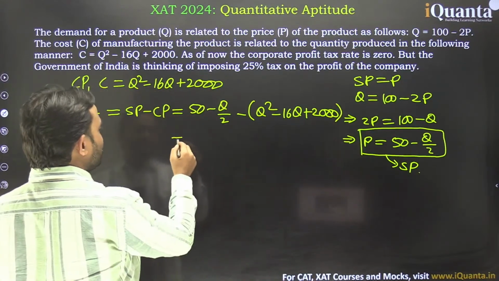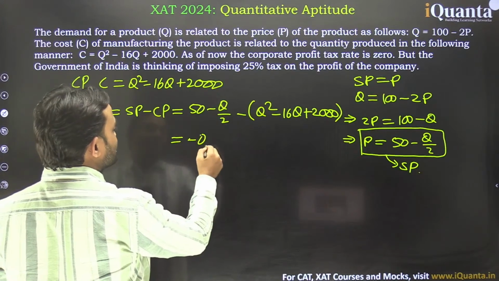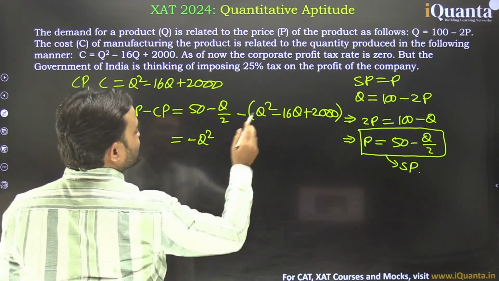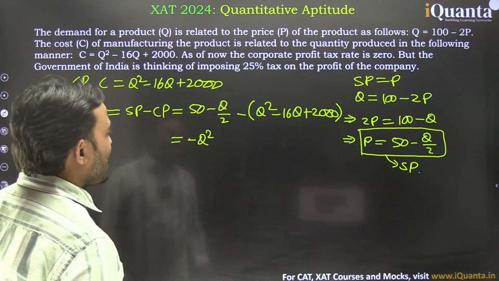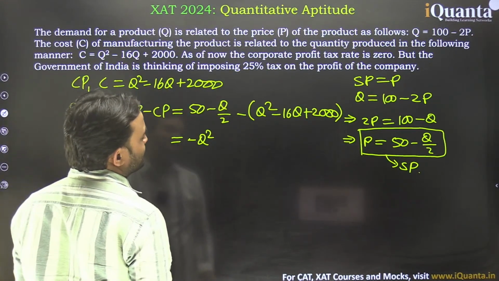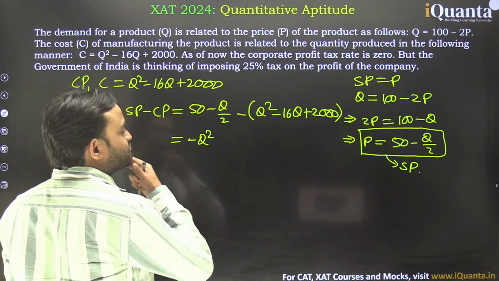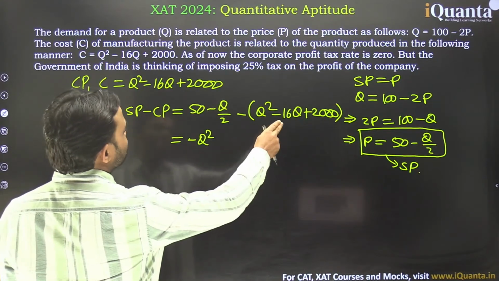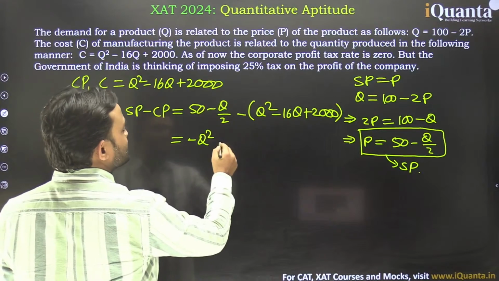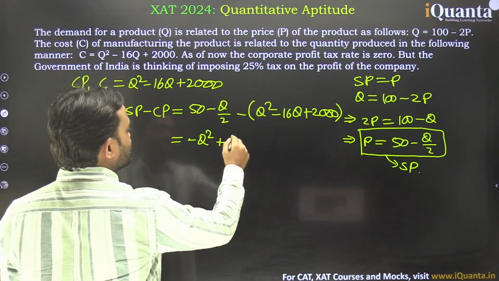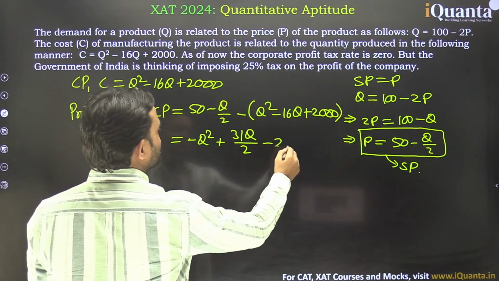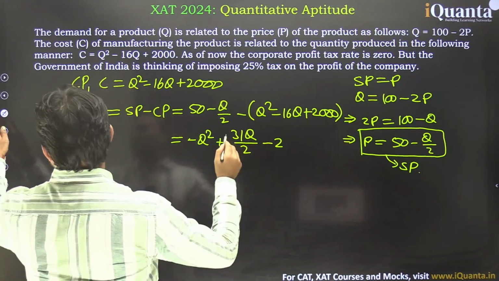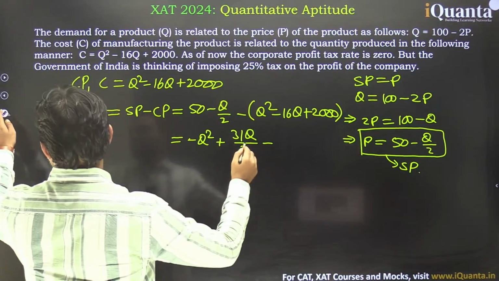So this will be equal to minus Q square plus 16Q plus 16Q minus half. So this will become what? 31, 16 plus 32, yes. So this will become plus 31Q by 2 minus 2000. So this will become minus 1950.